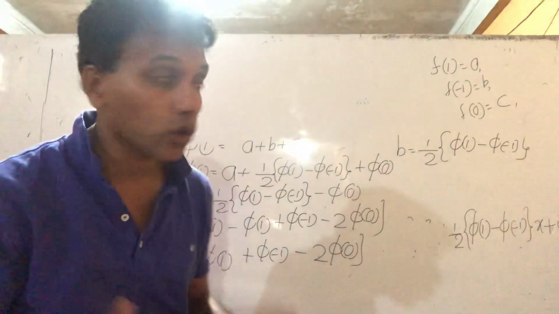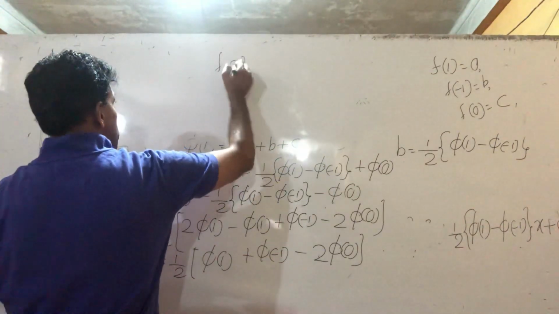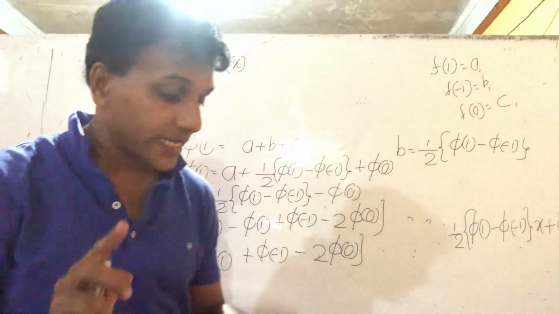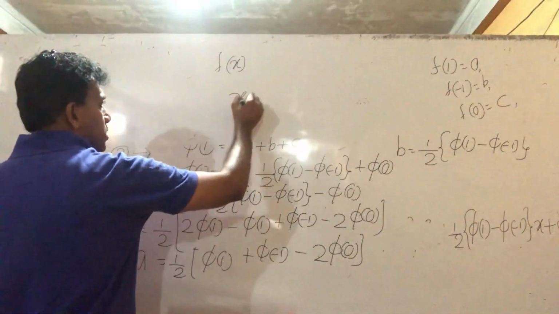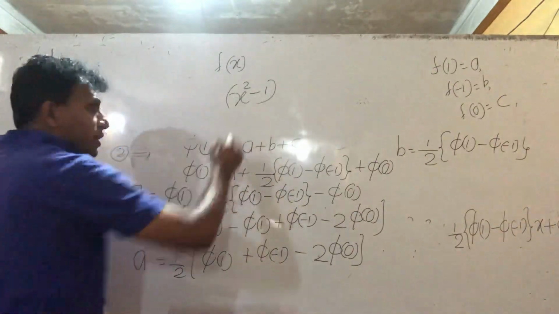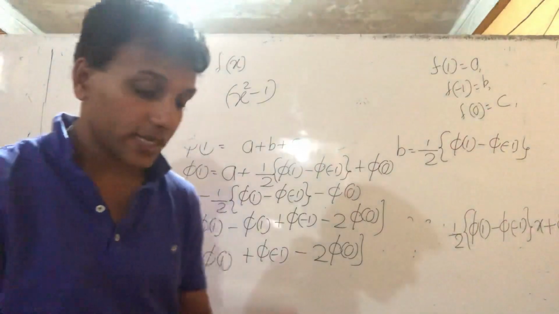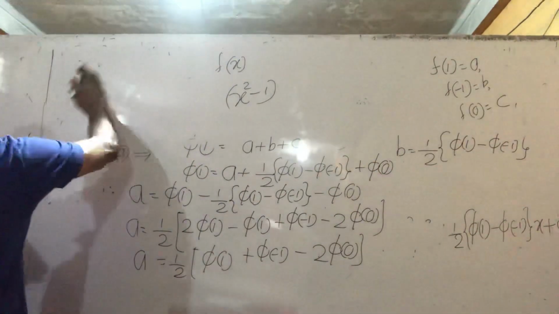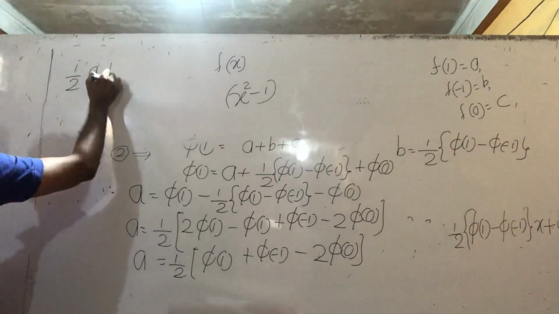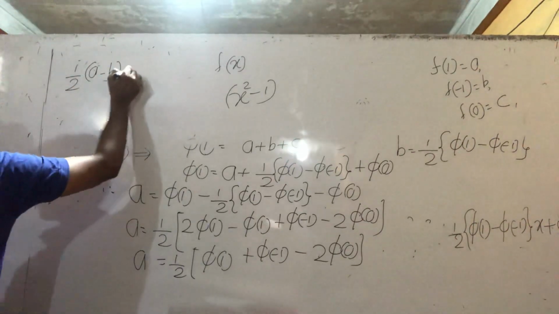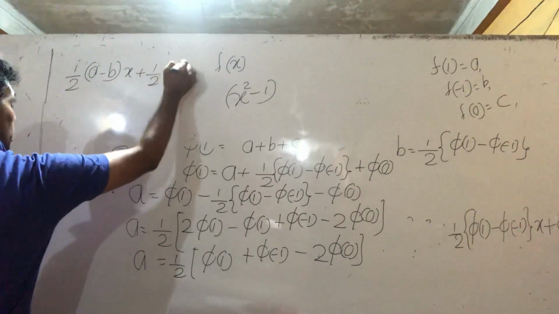Show that if f(x) is divided by x squared minus 1, then the remainder is half into a minus b into x plus half into a plus b.